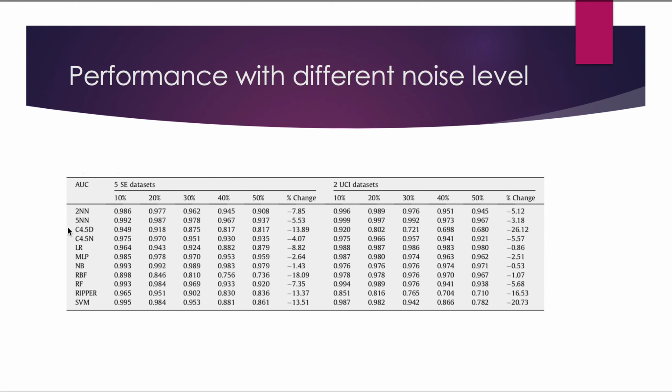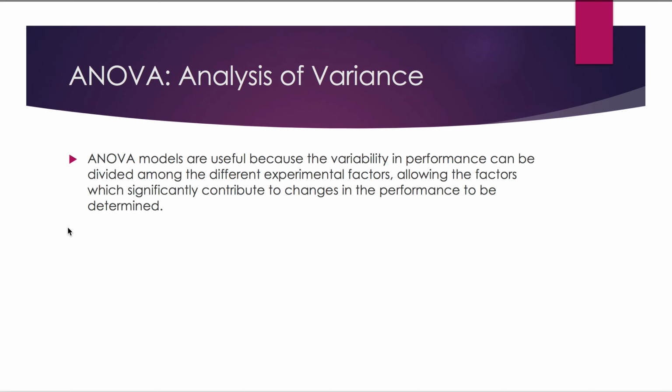Also, there is something really interesting for the decision tree algorithm. Usually pruning helps build a better tree with better performance. However, here it shows that pruning is actually not really helpful. Also, here an ANOVA test was applied.